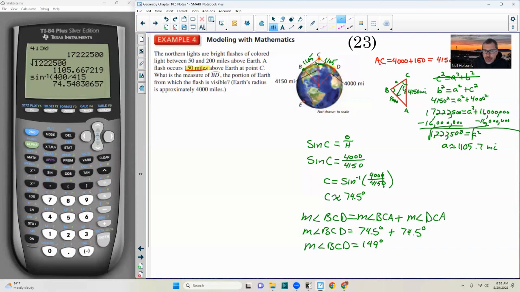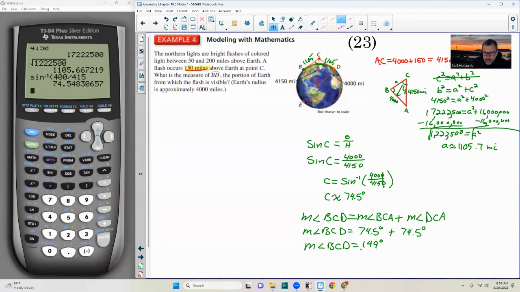So now I know, what am I trying to find? Keep in mind what I'm trying to find. I'm trying to find the arc measure, okay? So I know the measure of arc BD. So I now know arc BD subtracted from 180. So I can say the measure of, let's see, what do I have here?